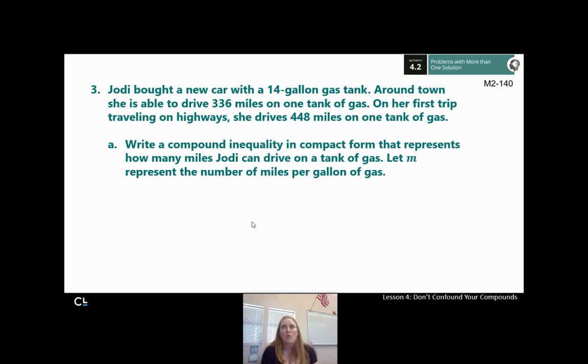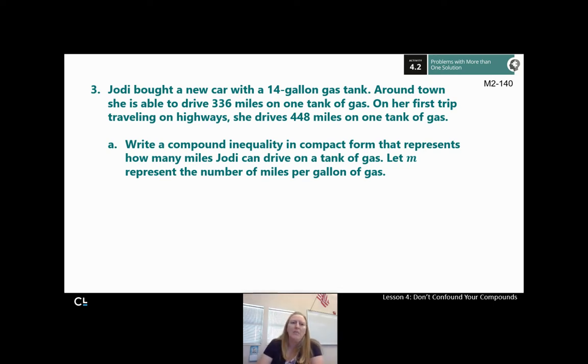So here's what we're gonna do. We're gonna start off with part A. We're gonna write a compound inequality in compact form, right? Because we know she could go as little as 336 miles, or she could go as much as 448 miles on that 1 tank of gas. So we're gonna write a compound inequality in compact form that represents how many miles Jody can drive on a tank of gas.